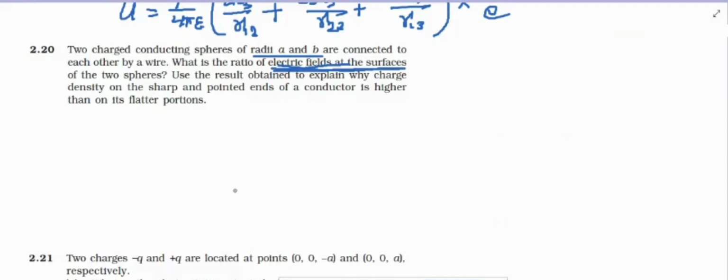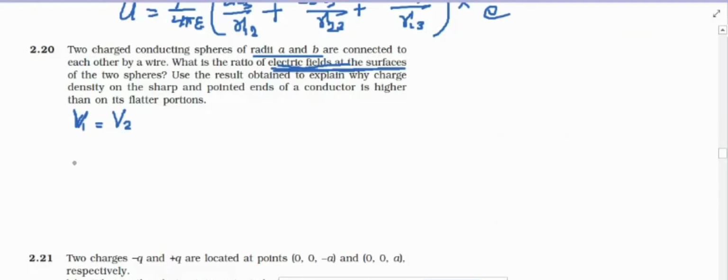But here the spheres are not identical. When the spheres are not identical, the charge flows until the potentials of both the spheres are equal, V1 equal to V2. Not the charges, but the potentials become equal.